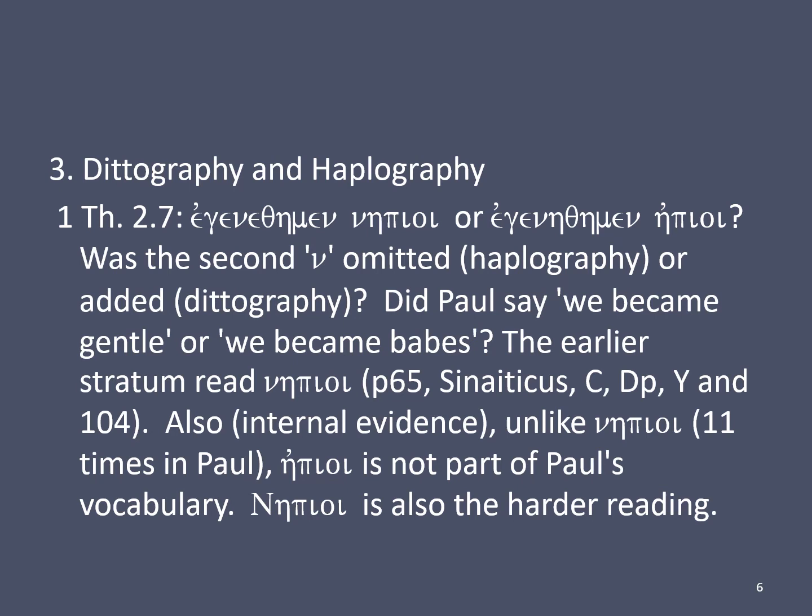Notice that the ending of the first word is a nu, and the beginning of the second word is a nu. So the question is, did a scribe happen to omit, haplography, the second nu, and end up with epioi? Or was the scribe adding a second nu and ending up with nepioi? That comes out to the question of, was Paul saying we became gentle or we became babes? Nepioi is babes, babies.